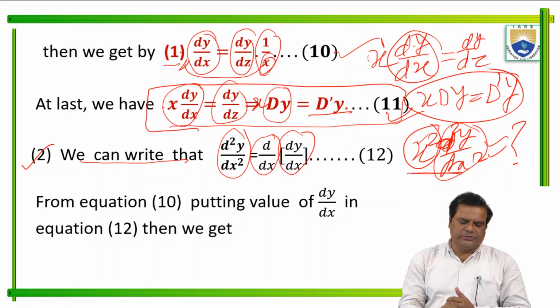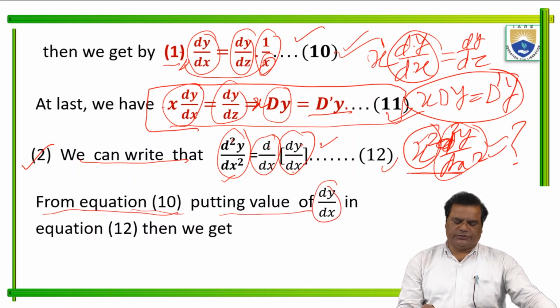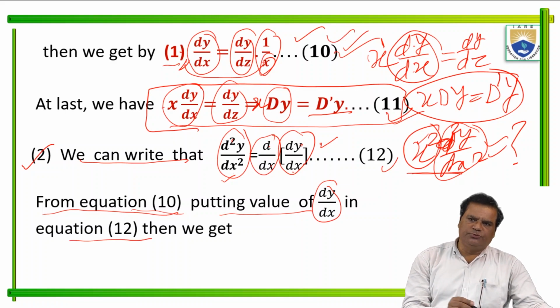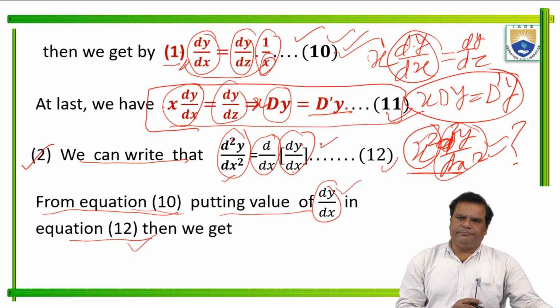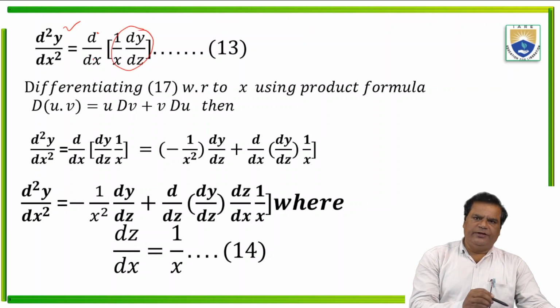So here we break this part into two types. d2y/dx2 is equal to d/dx of dy/dx. This is equation 12. Now from equation 10, putting the value of dy/dx in equation 12, we get d2y/dx2 equal to d/dx of the value of dy/dx.